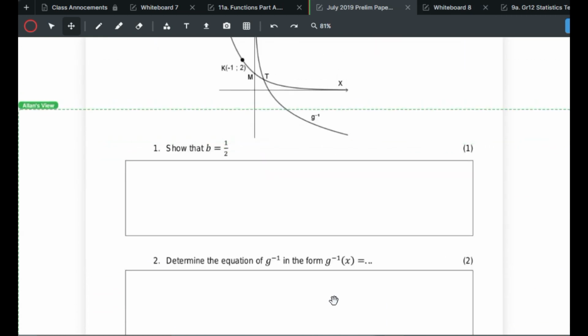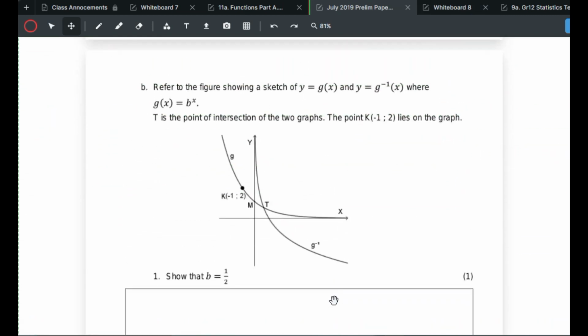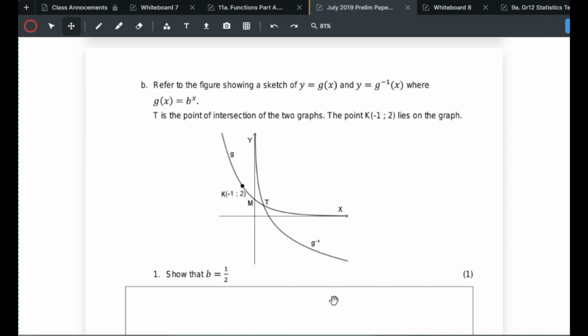Okay, you ready? So how would you approach a question like this? It says, refer to the figure below that shows a sketch of y equals g(x) and y equals g to the power of negative 1 of x. I think that's the inverse of g(x), where g(x) is equal to b to the power x.